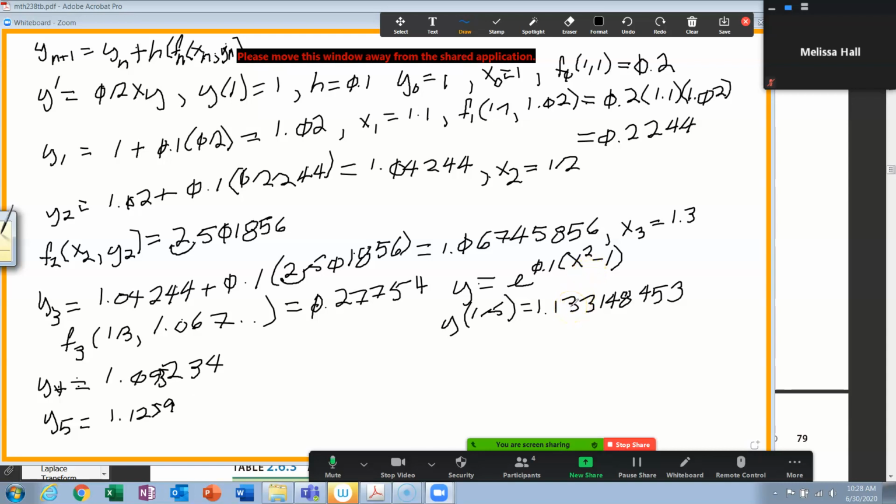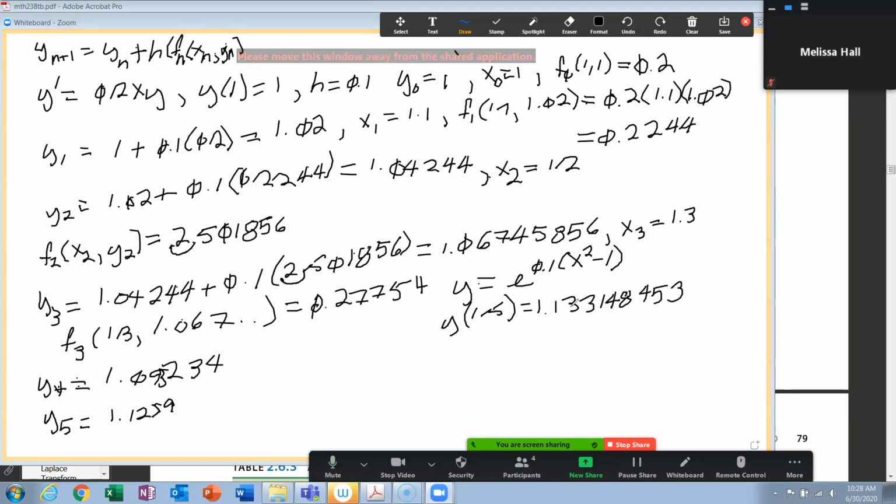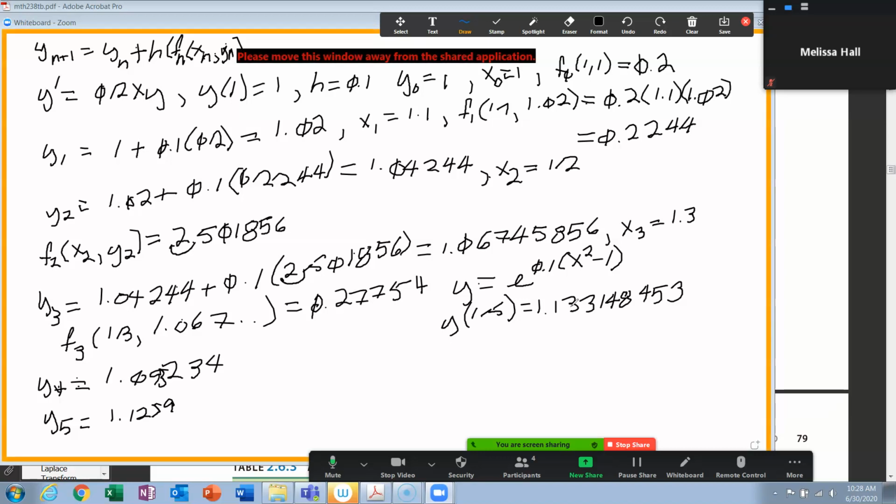So if we do that, I'm going to just use the numbers I have here, 1.13 blah blah blah minus 1.1259, equal, that's the absolute error, 0.00272, I think it is. They got 7.3, I'm not sure. Well, they rounded more than I did, okay?